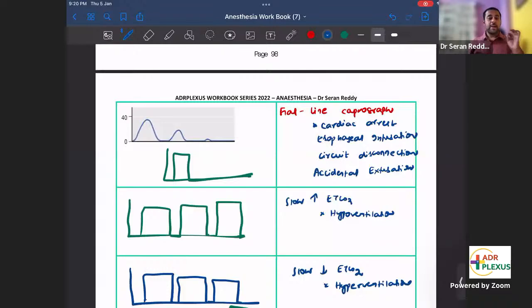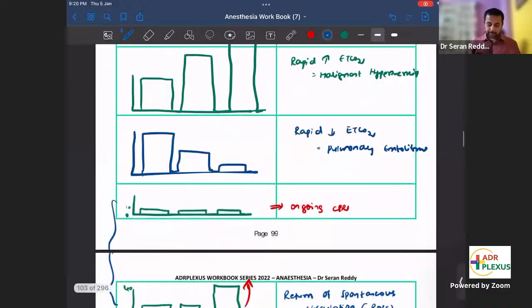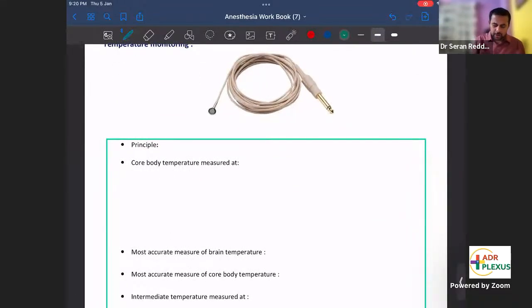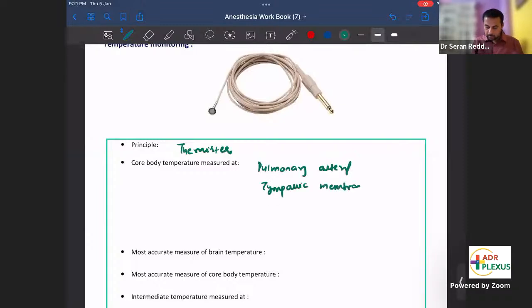Okay, guys. Then coming to another important thing: temperature monitoring. It is just two to three points you can remember. The principle of this is the thermistor. Core body temperature is measured at the pulmonary artery, tympanic membrane, nasopharynx, and distal esophagus.